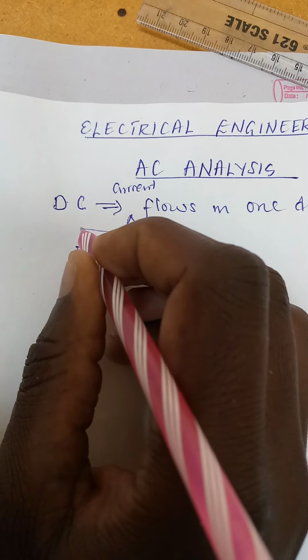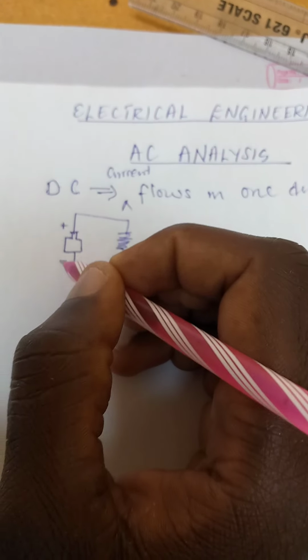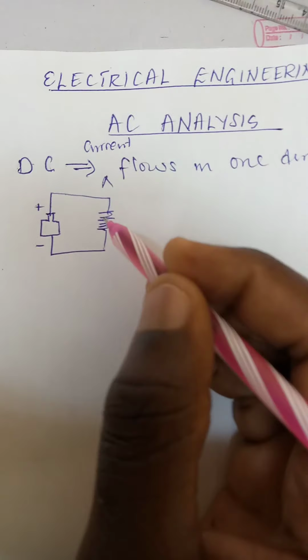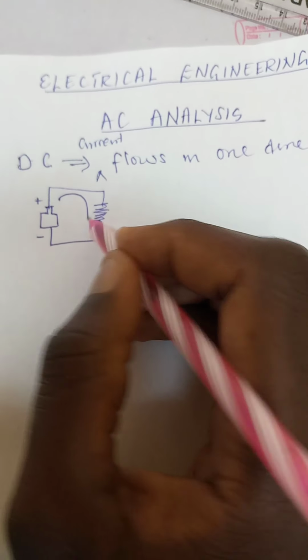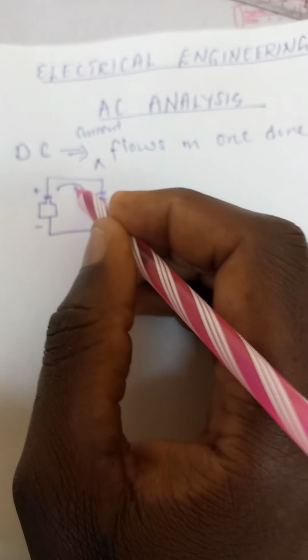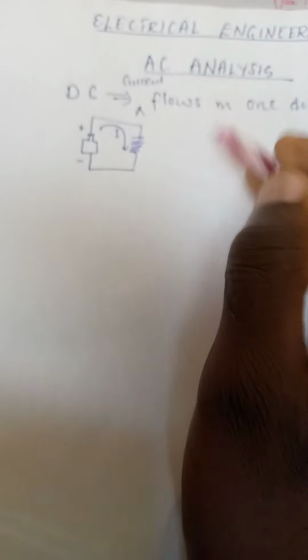This is the negative, this is the positive terminal. So in here the current will move in this direction, which is conventional current, which moves from positive to negative. So in DC, current flows in one direction.